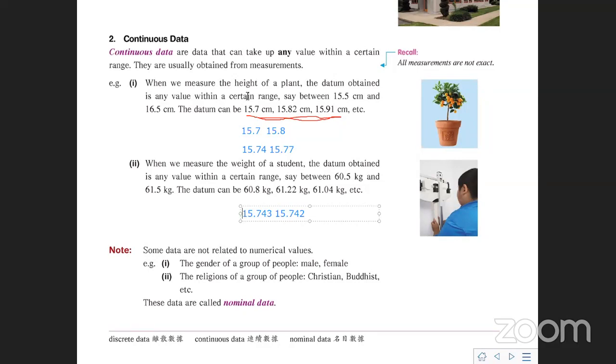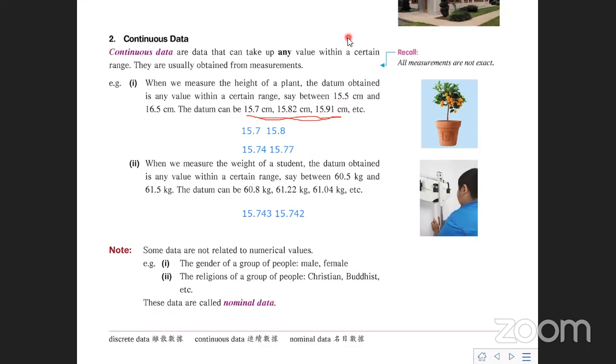It's not that I cannot have this one or this one. It's just that the tool for the measurement is not accurate enough. But basically, theoretically, we can have any value. In this case, the height of the plant, we can have 15.7 cm, 15.82 cm, or 15.823 cm, etc.